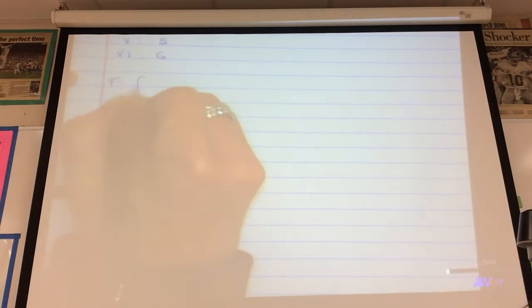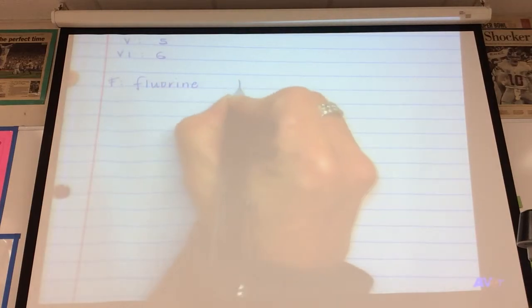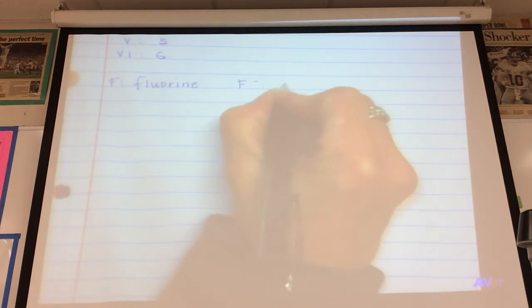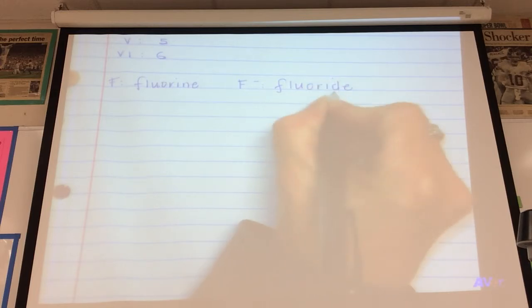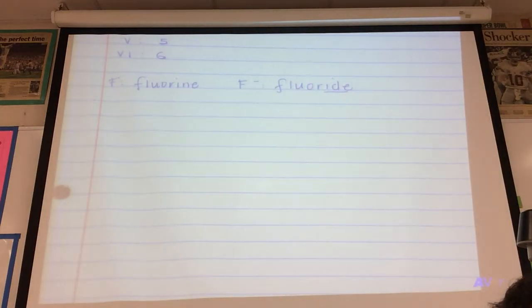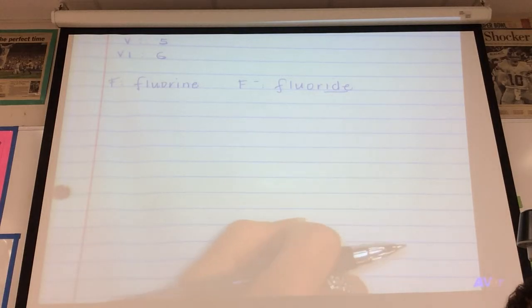Let's take a closer look at group 17. For example, F is fluorine. It gains an electron, and here's your fluoride. Note the spelling. Spelling's going to count on this upcoming quiz. Ends in IDE.